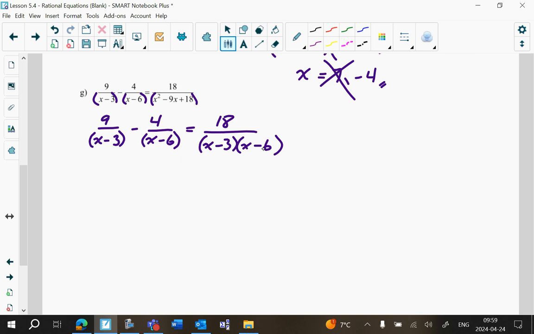Now, what can't x be? 3 and 6, so I got to make note of that. And now the LCD: x minus 3, x minus 6. Yes, this looks like a very big step.